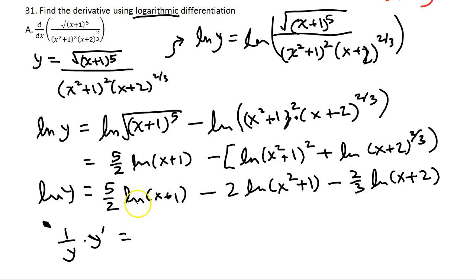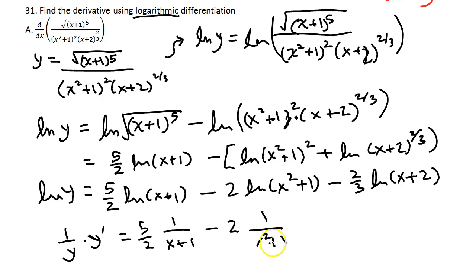On the right side, log of (x plus 1) differentiates to 1 over x plus 1, and then 2, 1 over x squared plus 1.